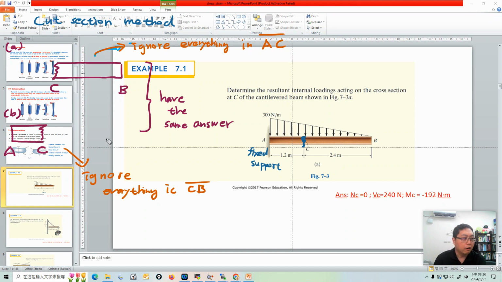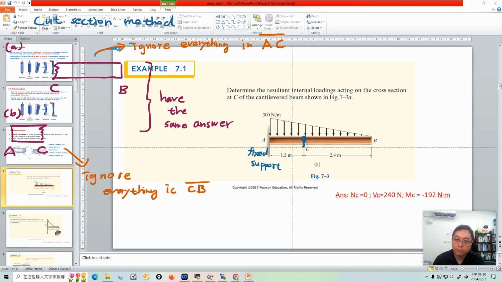So for this problem, why did I say that using the CB section is much easier for the calculation? That is because, at the very beginning, I said A is a fixed support.